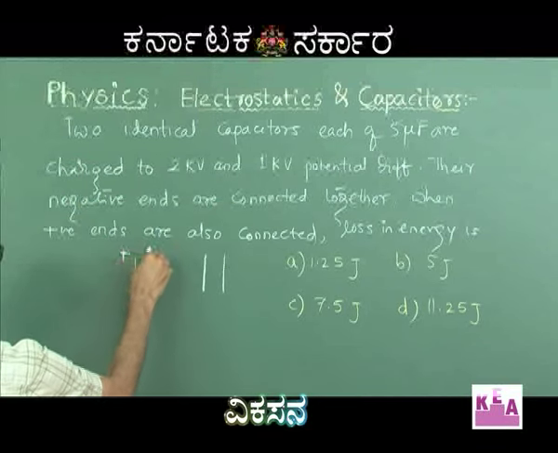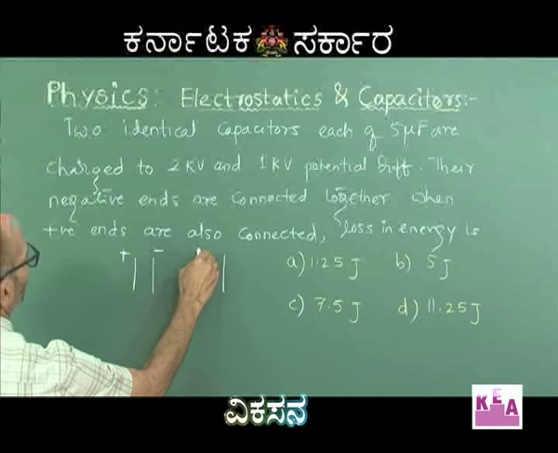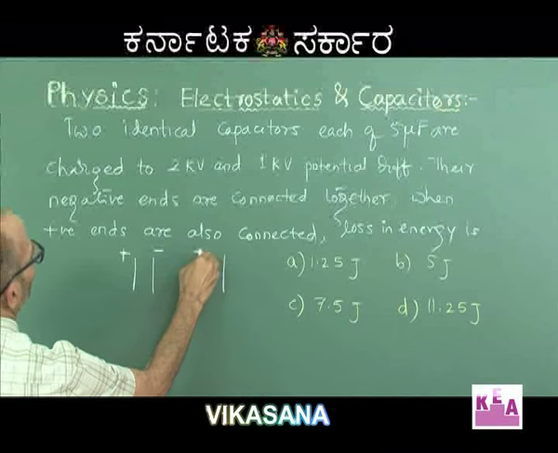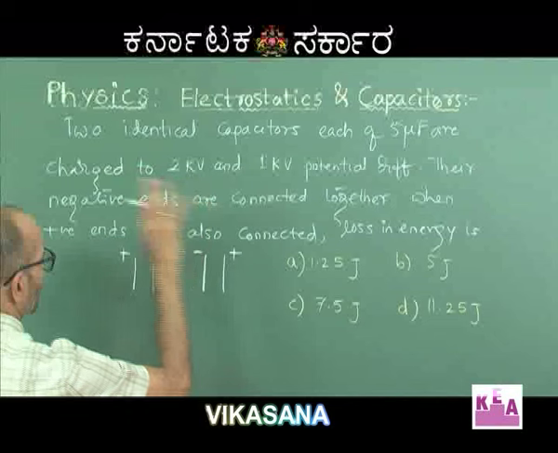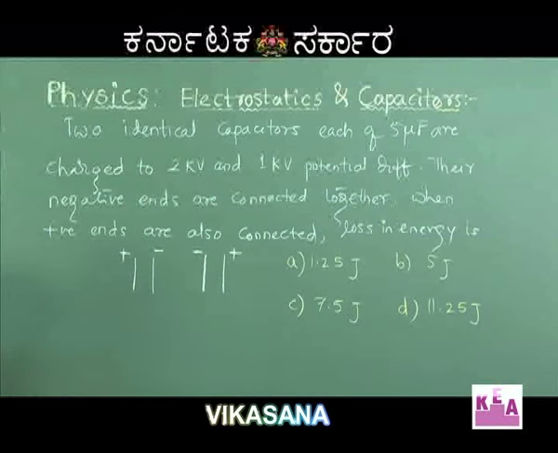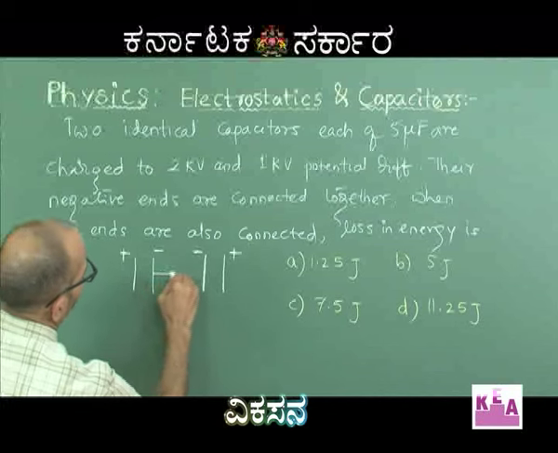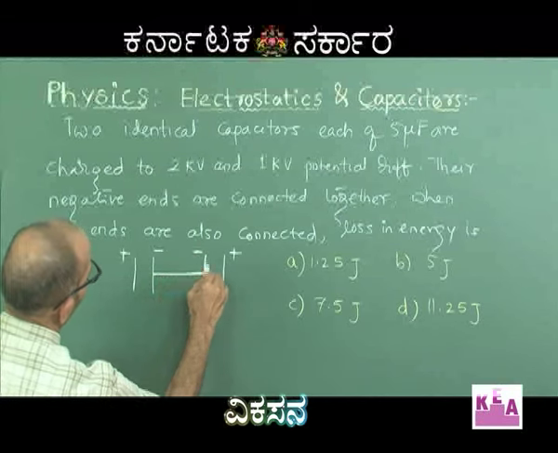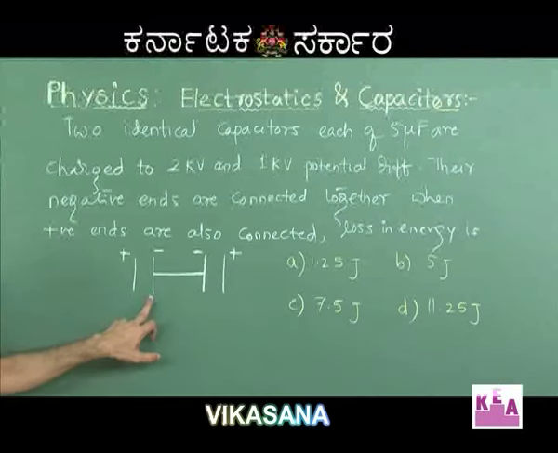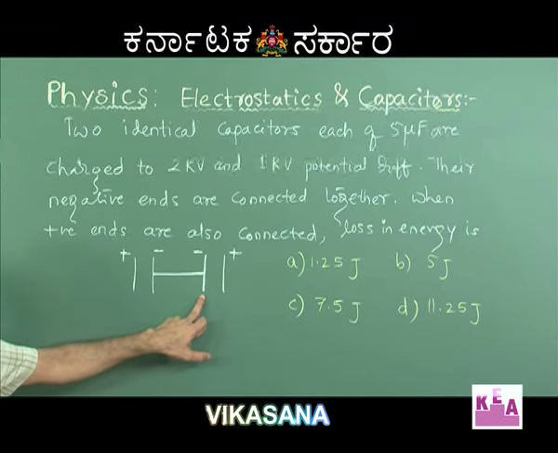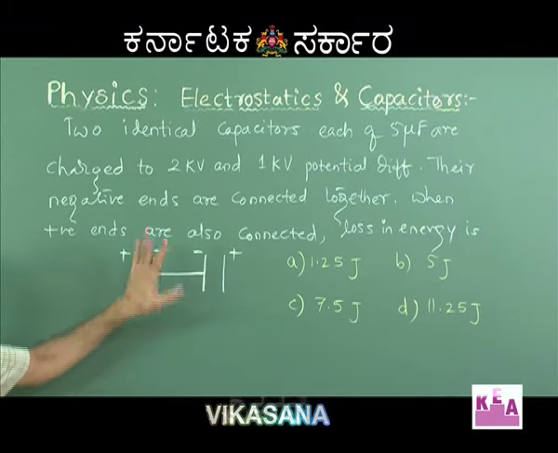Say this plate is positive, this plate is negative, this is negative and this is positive, let us say. Now, he says the negative ends are connected together. So, I have shown you the negative ends being connected together. This is the negative plate of one capacitor, this is the negative plate of the other, both have been connected together.